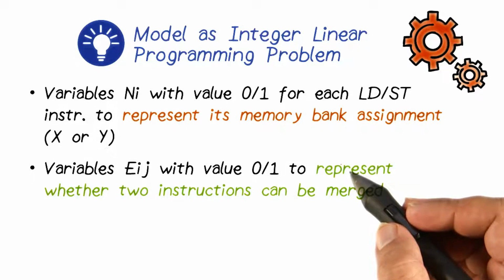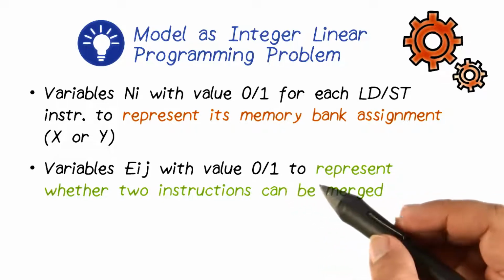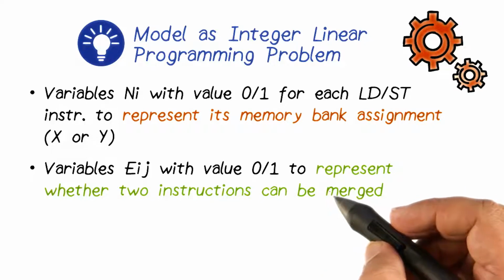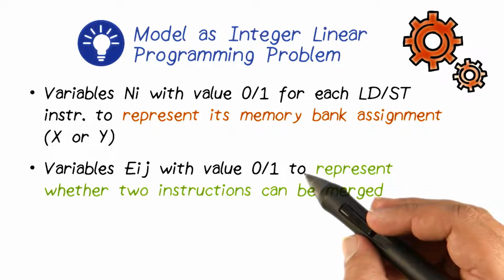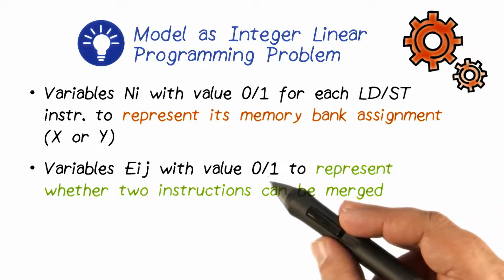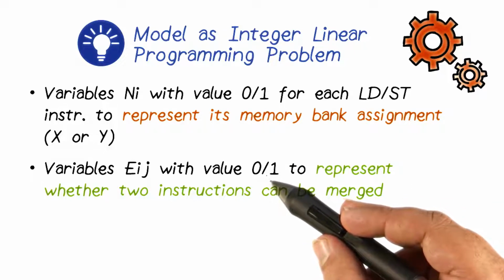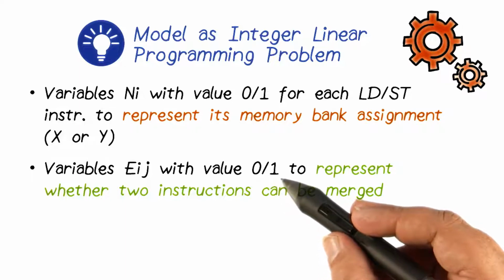What we do here is, if the two operands are given in two different parts of memory, then we assign a value 1 to indicate that the instructions are merged. However, if they are allocated to the same memory bank, then we give it a value 0, indicating that those instructions cannot take advantage of these parallel loads.